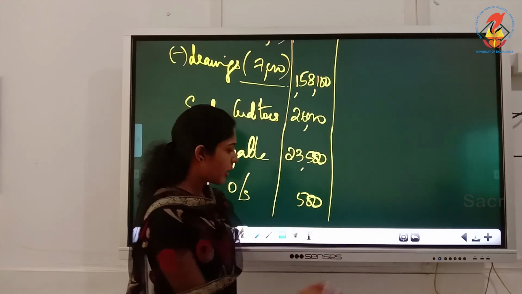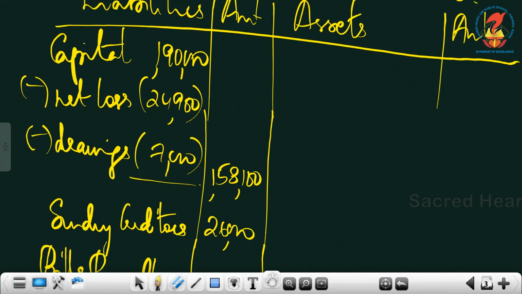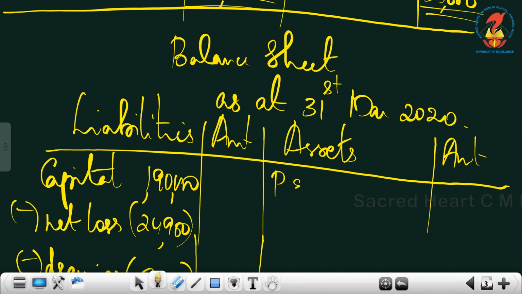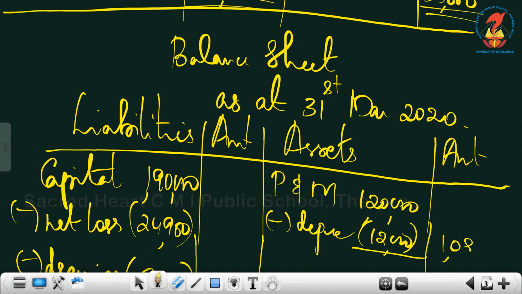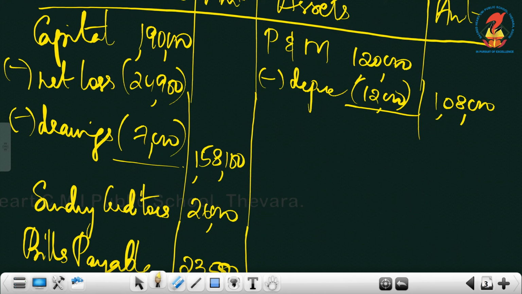Now on the asset side, start with the fixed assets. We have first one, plant and machinery, against which we have a tick mark. That means you have to read the adjustment, and the adjustment is depreciation. So we can write 1,20,000 less the depreciation amount 12,000. Yes. So it is 1,08,000. Then after plant and machinery, we have delivery vehicle, which is an asset for the firm.